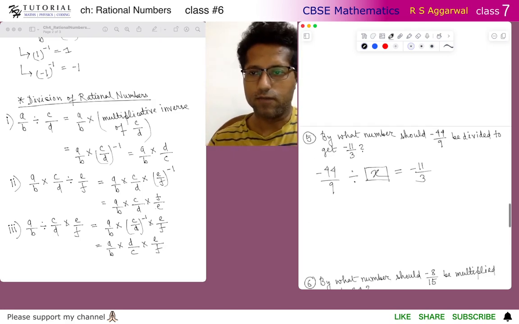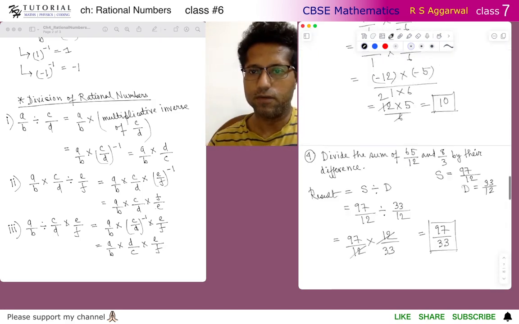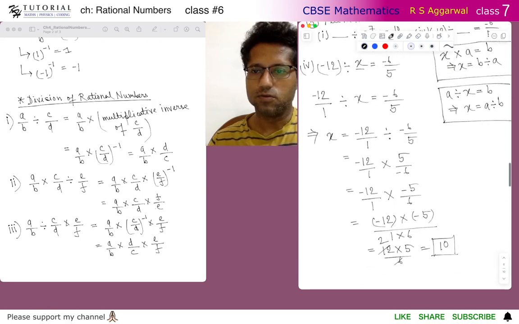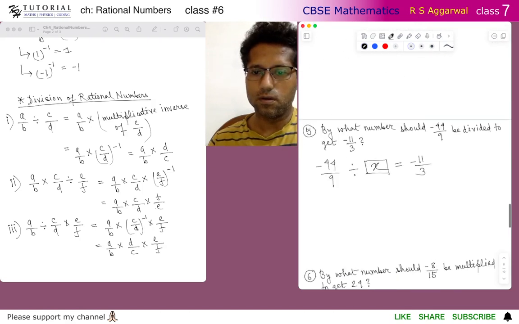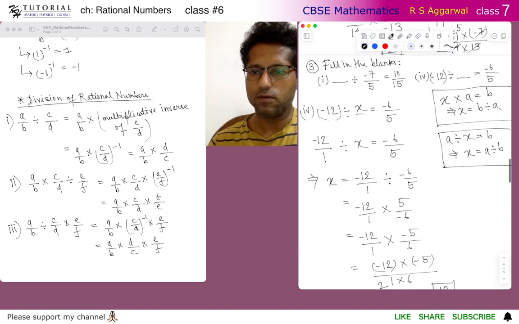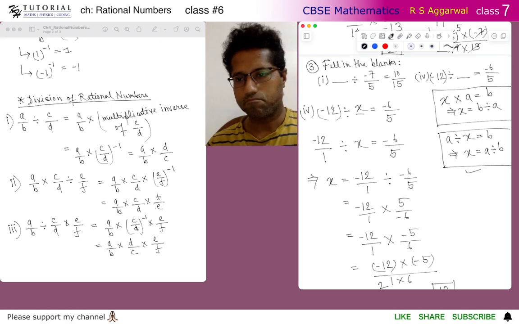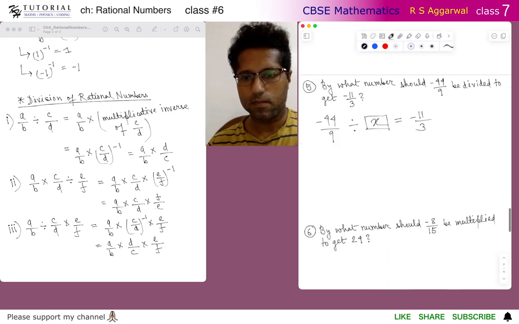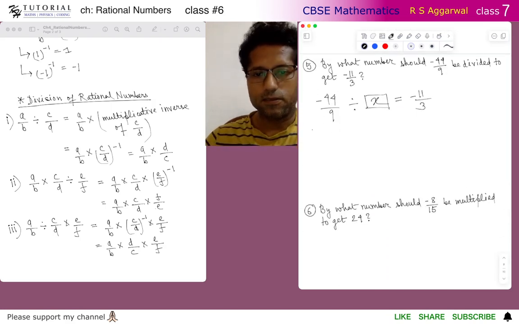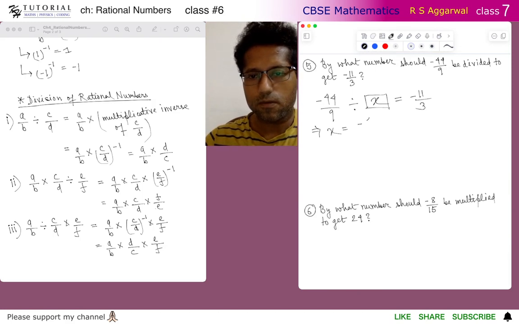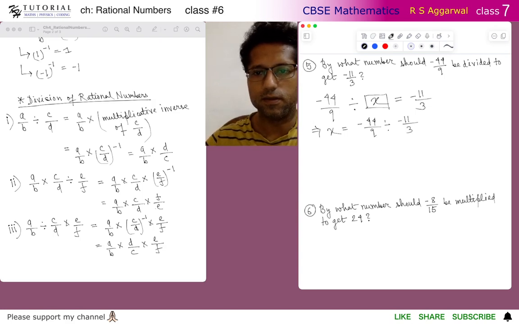As I have already discussed, I have rubbed it. Let me see if I have it. Yes. The second result, this one, we have to apply to find x. So this implies x equals minus 44 by 9 divided by minus 11 by 3.